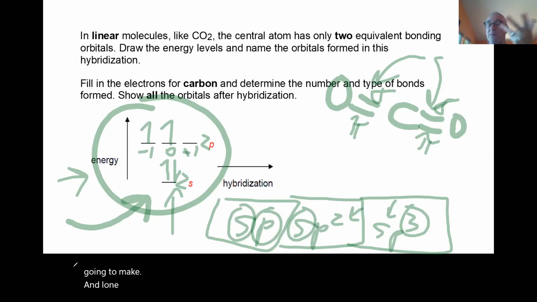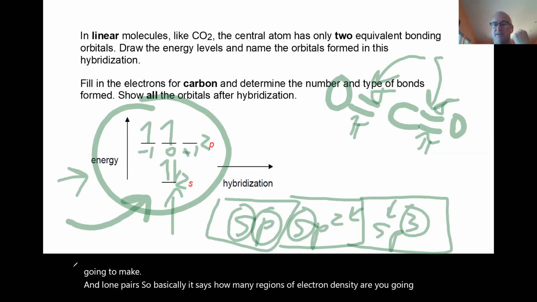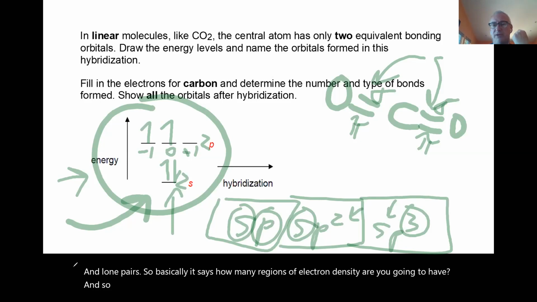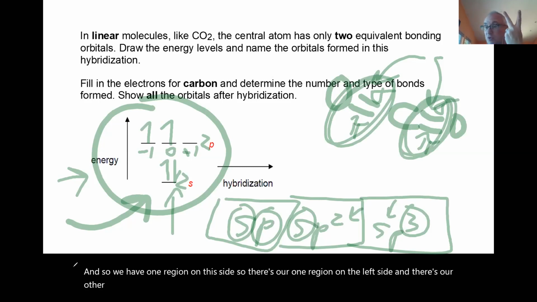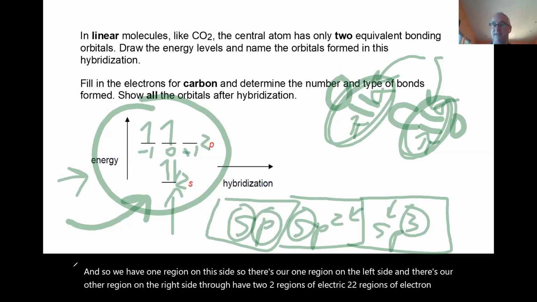So basically it says how many regions of electron density are you going to have? And so we have 1 region on this side, so there's our 1 region on the left side, and there's our other region on the right side. So we're going to have two regions of electron density. So we're going to do SP hybridization.